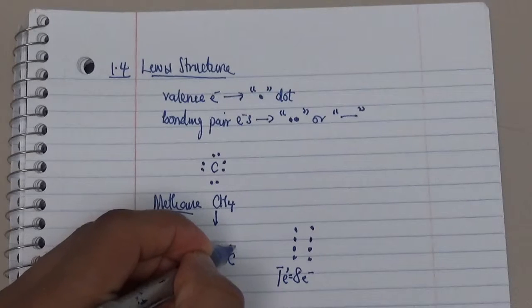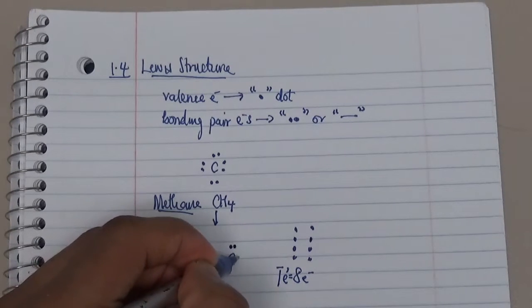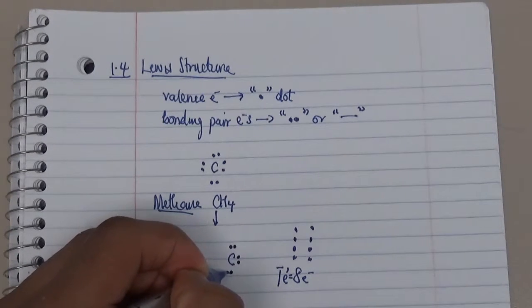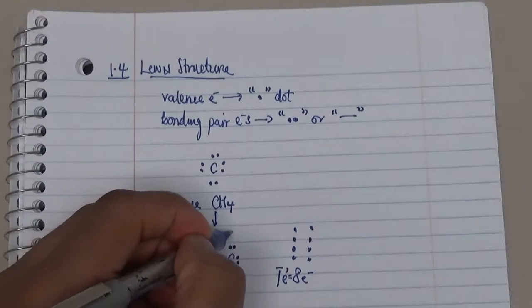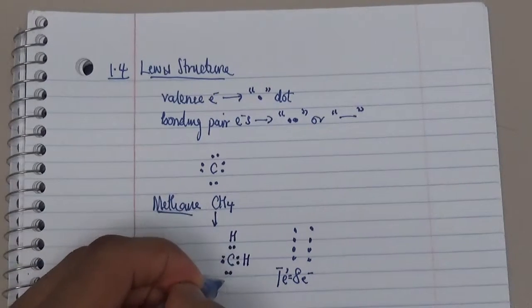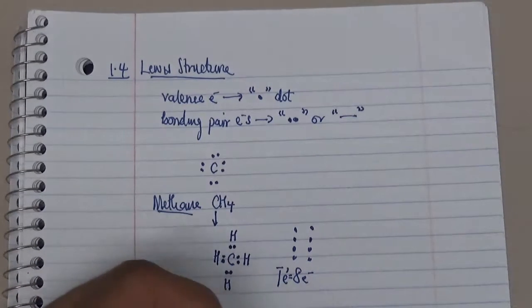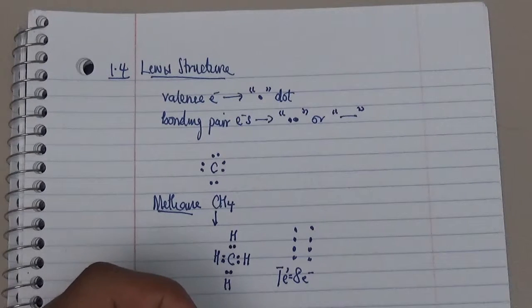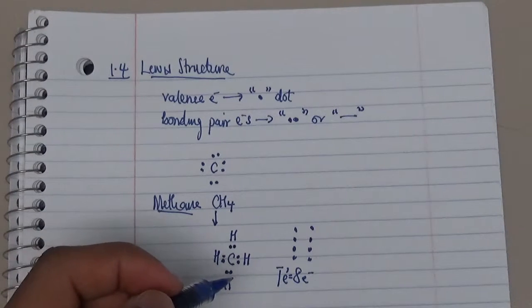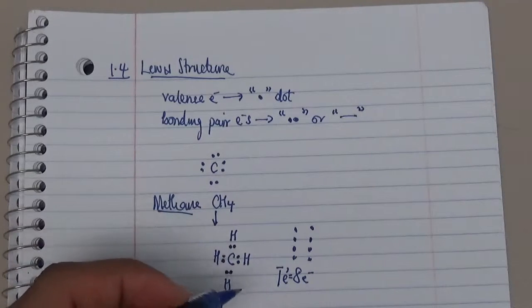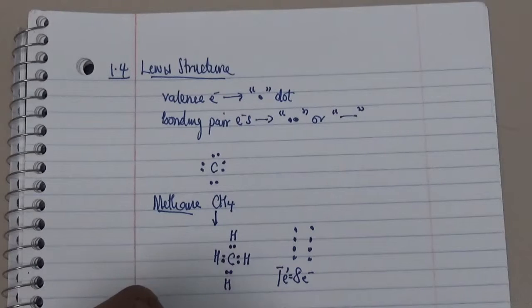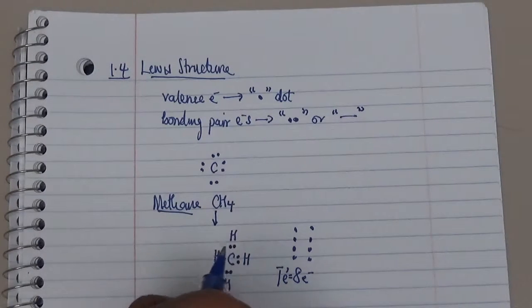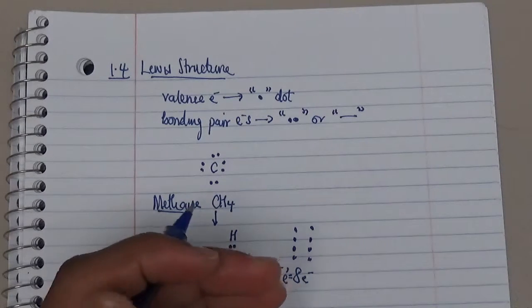Now this total of 8 electrons must be distributed around this carbon. So you put them in pairs: 1, 2, 3, 4, 5, 6, 7, 8. Now you position the hydrogens around it: 1, 2, 3, 4. In this case, we realize that carbon, which has 4 electrons, once in this molecule, is going to gain an octet configuration similar to its closest noble gas, neon, for it to become more stable.